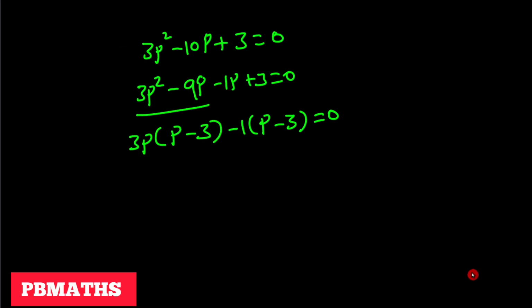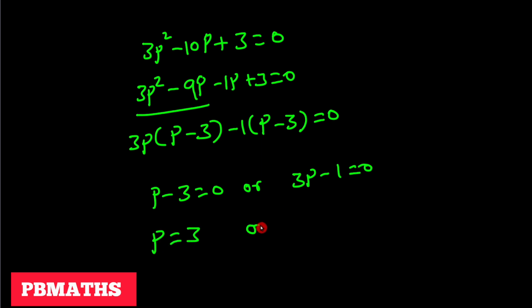Then we can write p minus 3 is equal to 0 or 3p minus 1 equals 0. You can write here p equals 3 or 3p equals 1. Then p is equal to 1 by 3 here.